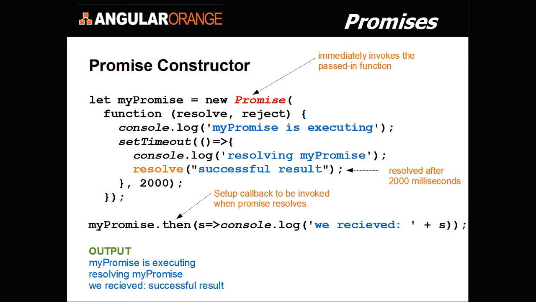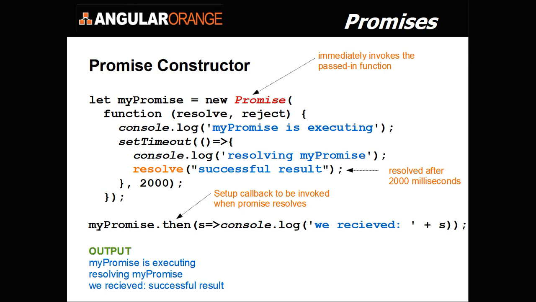Just for simplicity, we're going to do a console.log "my promise is executing", and then a setTimeout, and in our setTimeout we use an anonymous function by using the fat arrow operator, and inside that anonymous function we do a console.log "resolving my promise", and then we resolve "successful result", and that gets resolved after 2 seconds, which means the setTimeout and the anonymous function executes after 2 seconds, and then we log and we resolve.